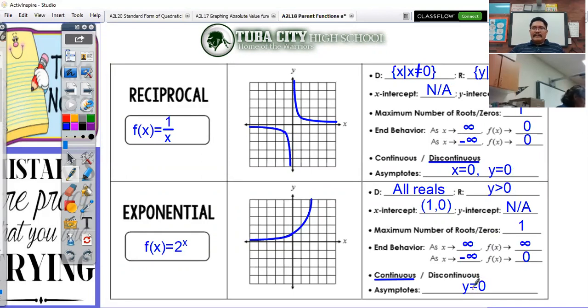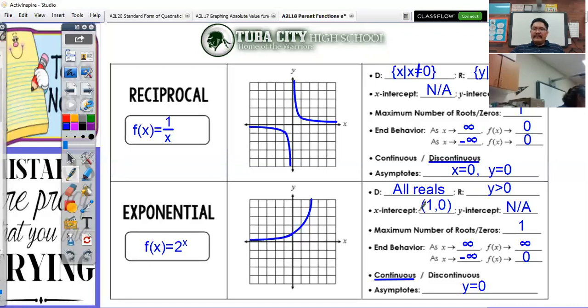The asymptote is the line that it won't cross, so it will not cross 0. As I go this way, it's going to get closer and closer, but it's not actually going to touch it. So since it's not going to intercept, I can only pick y values greater than 0.